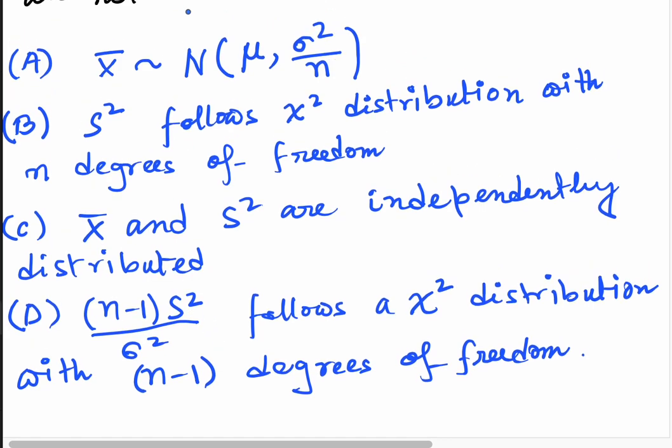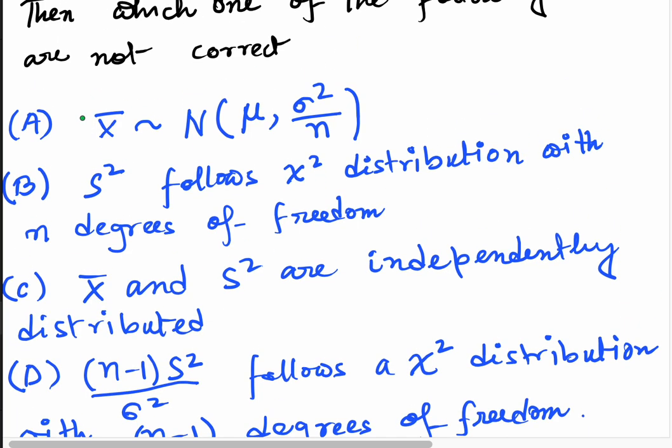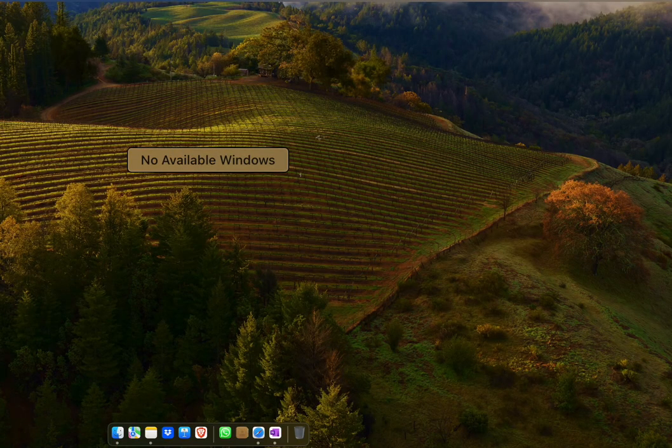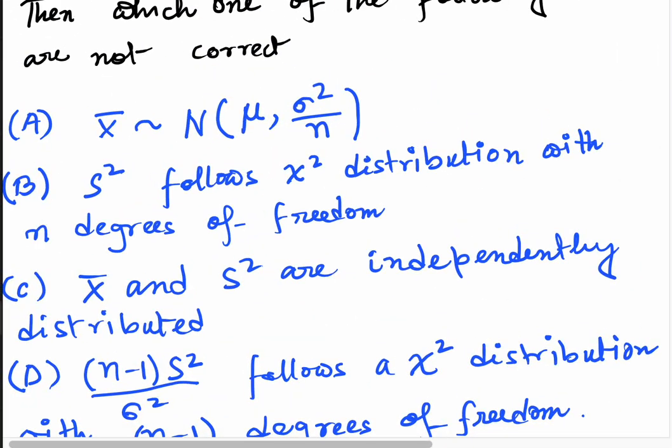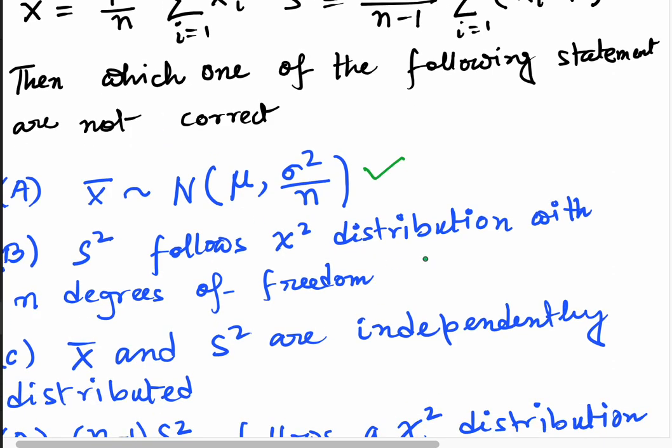Let's go through one by one. First of all, the sample mean, as we know, follows a normal distribution with mean mu and variance sigma square by n. That is true. But s square, the sample variance, follows a chi-square distribution. That is right, but the degrees of freedom is n minus 1.